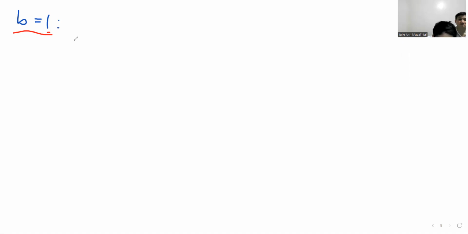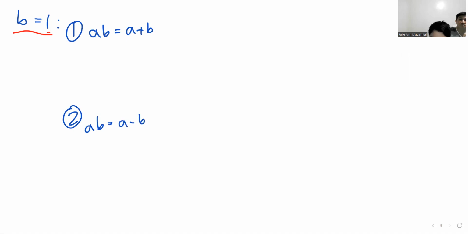Okay, so when B equals 1, we have our first case again. I'll put the second case too here. So when we check the first case out, we see A times 1 equals A plus 1.